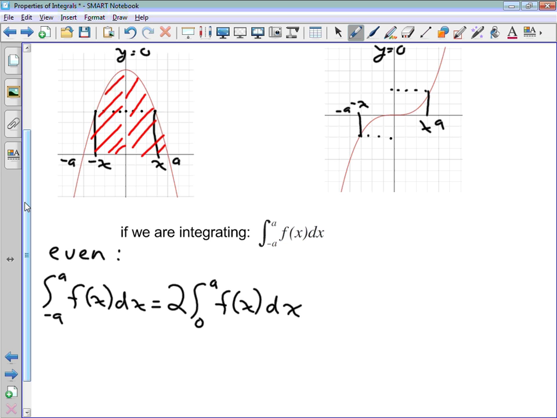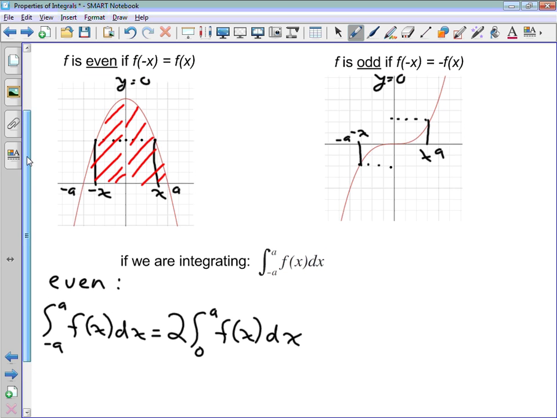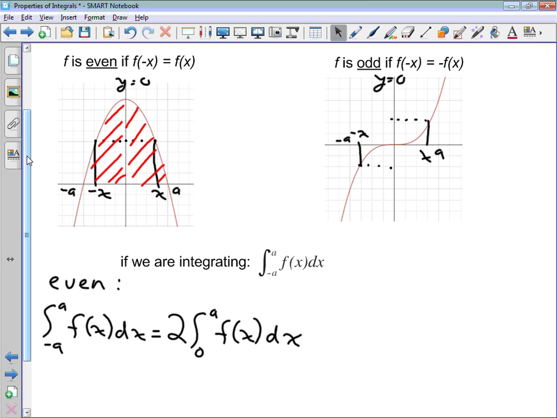Okay? What's going to happen for our odd function? Well, if we're integrating from negative a to a, the areas that we're interested in are going to be sort of this area here and this area here. What do we know about these two areas? Ian. They're going to add up to 0. They're going to be the same size, but one of them is a positive area because it's above the x-axis.